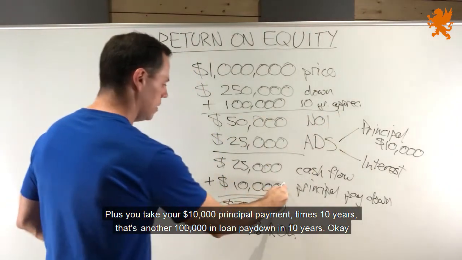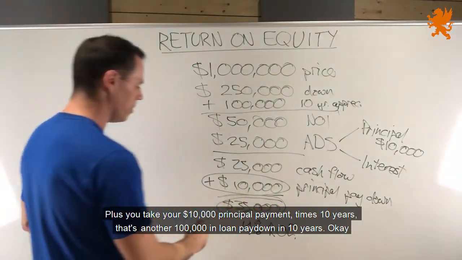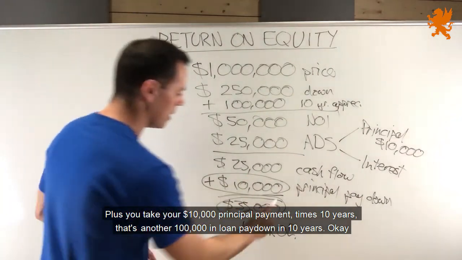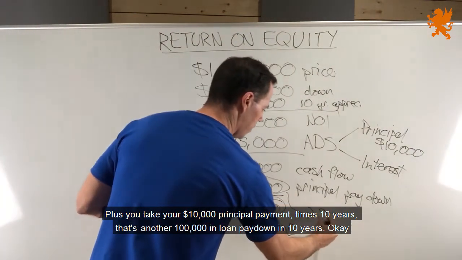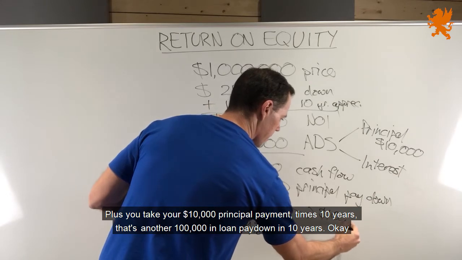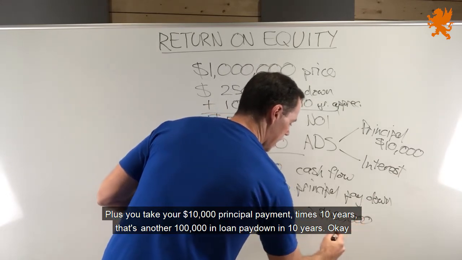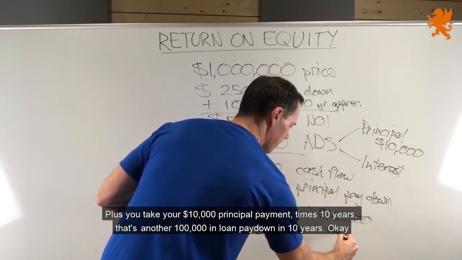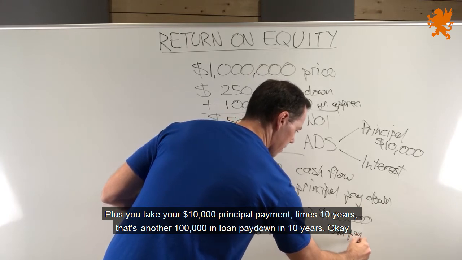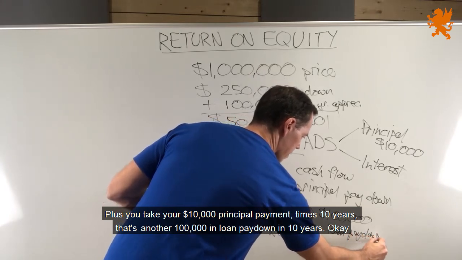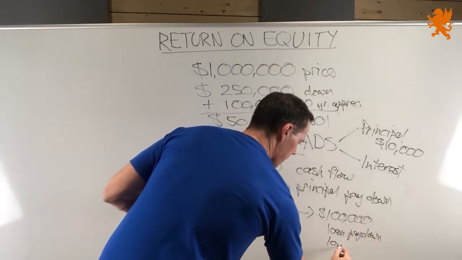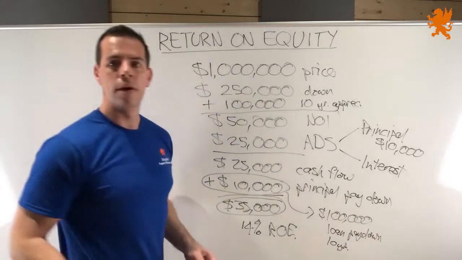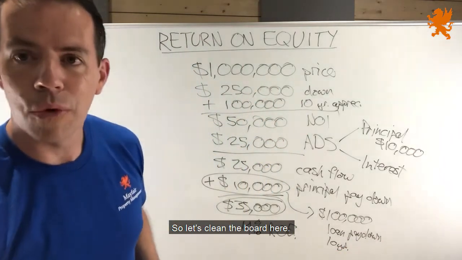Plus, you take your $10,000 principal payment times 10 years, that's another $100,000 in loan pay down in 10 years. Okay? So, let's clean the board here.